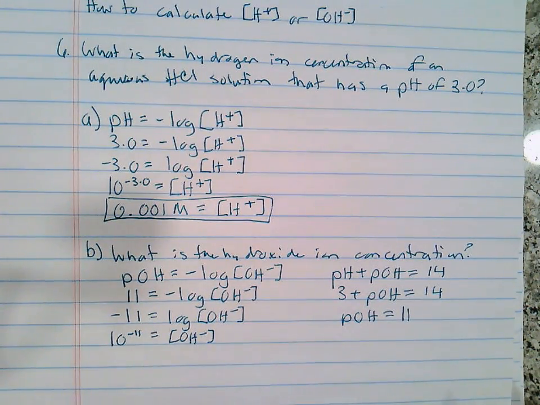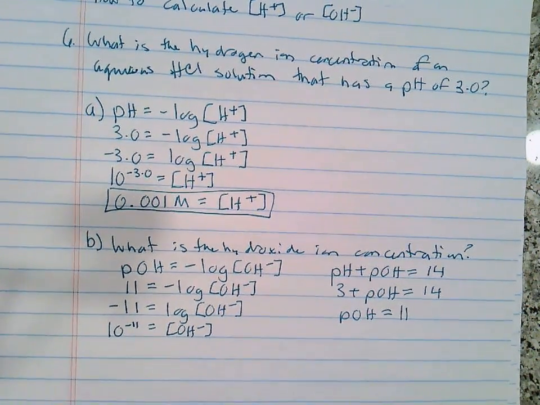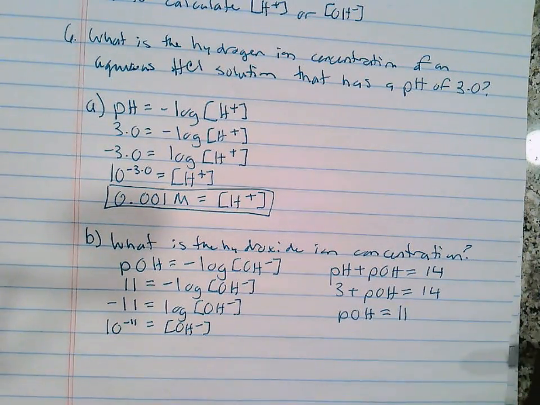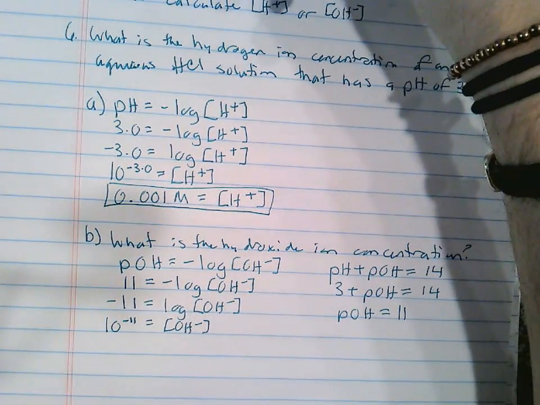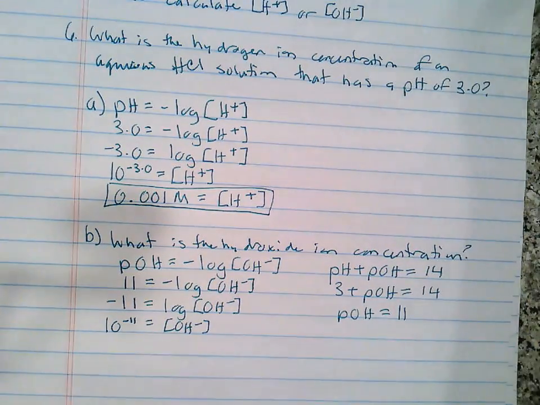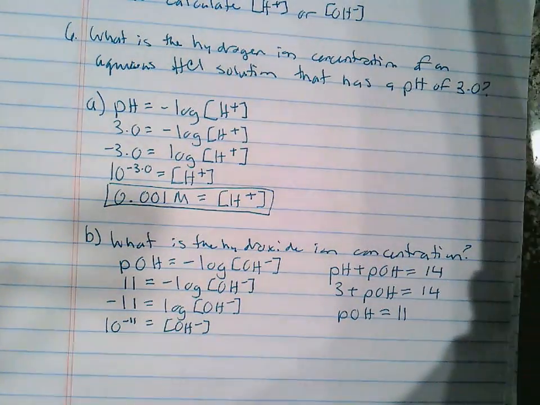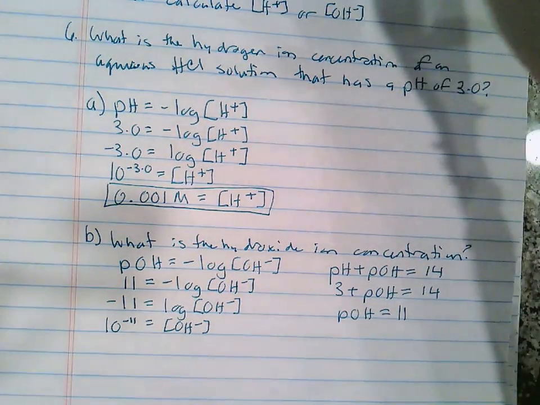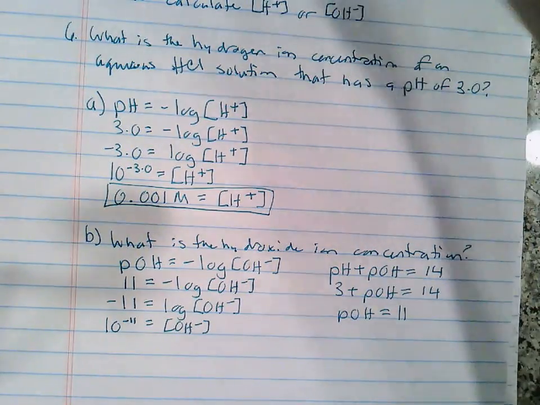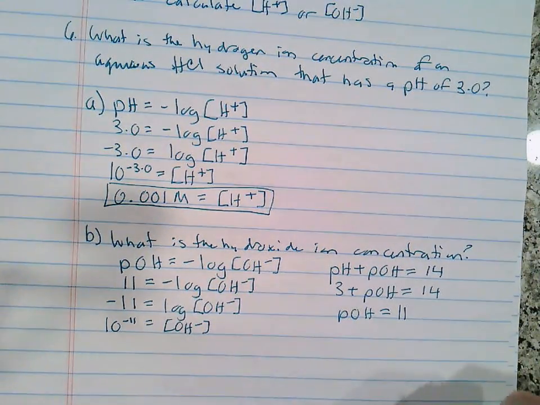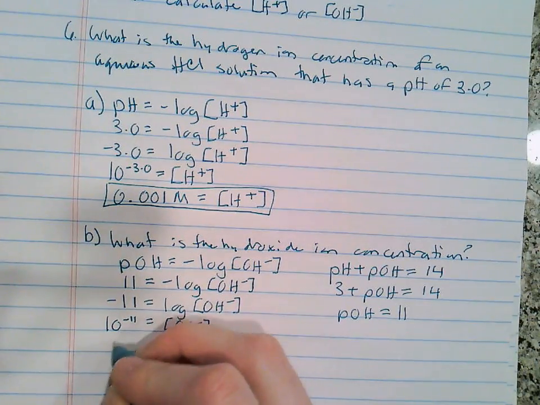So I'll plug that into my calculator, and you'll get a very, very small number. 10 raised to the -11, you should just move that decimal to the left 11 times.